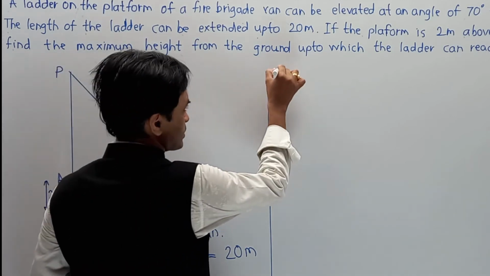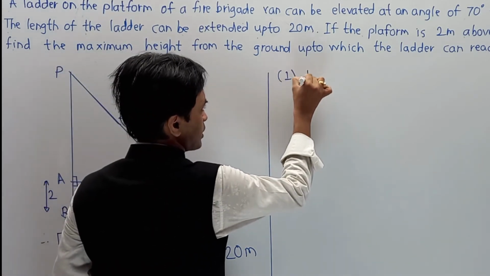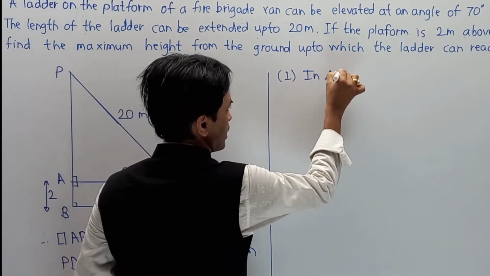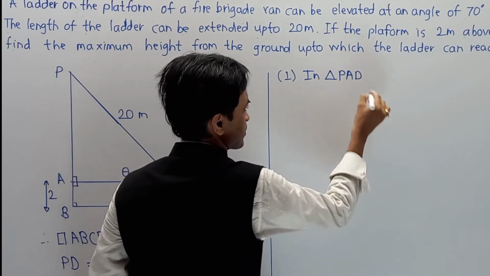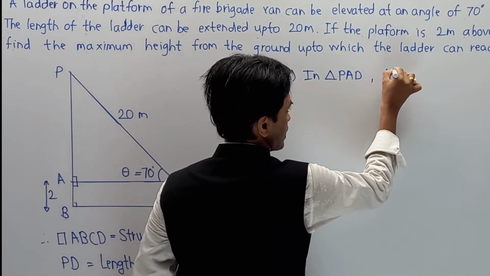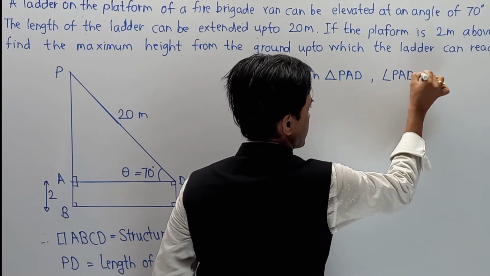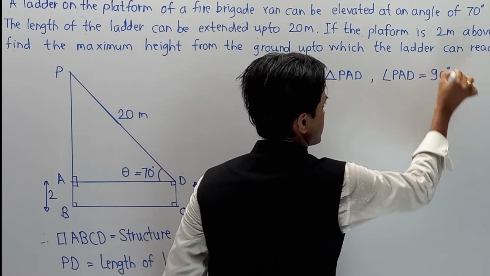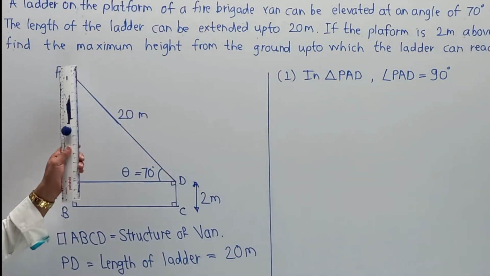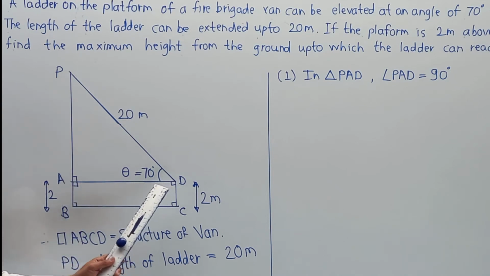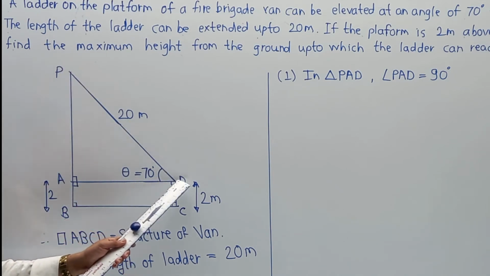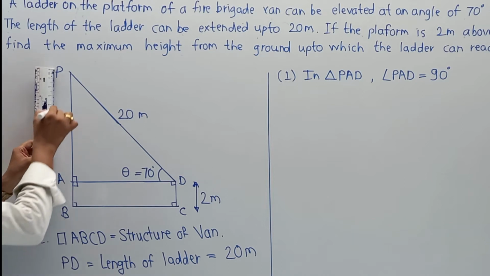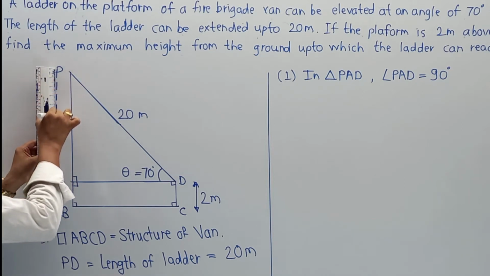Starting from that part, first in triangle PAD, angle PAD is equal to 90 degree. As this angle PAD is 90 degree, you already know PD and your task is to calculate this value.